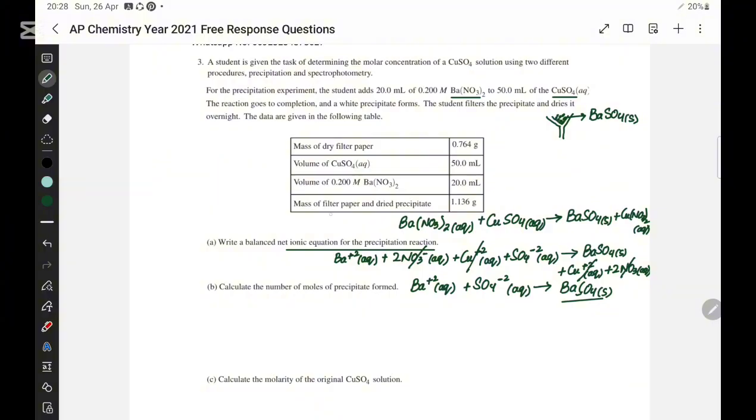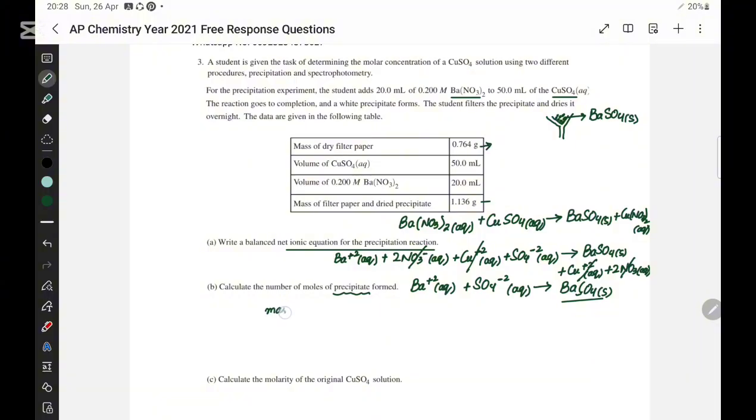So they want me to find the mass of the moles of precipitate. How am I going to do that? As you know, this is the mass of filter paper and dried precipitate, so we need to subtract both of them.